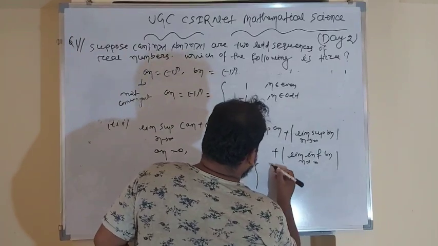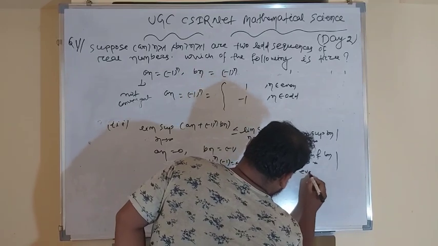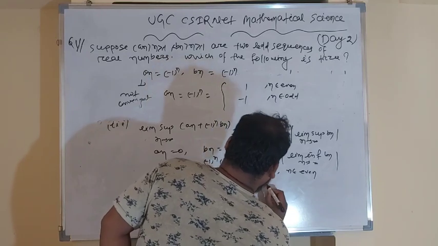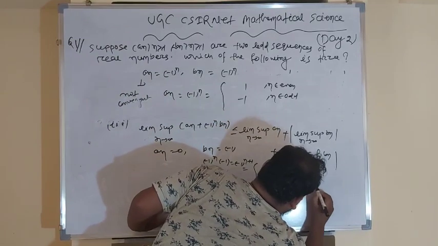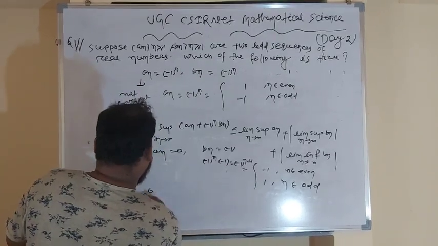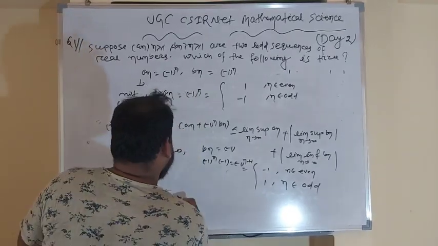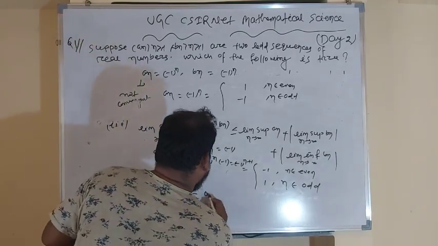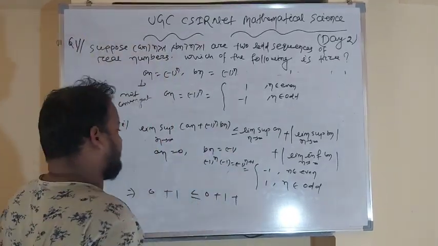We obviously know that this is minus 1 when n is even and plus 1 when n is odd. The limit supremum is the maximum of (-1)^n over n into bn, so this maximum term is plus 1, which is less than or equal to limit supremum of an, that is the constant term 0, plus limit supremum of bn, that is constant term plus 1, and limit infimum of bn.